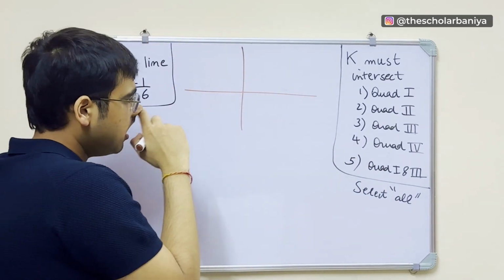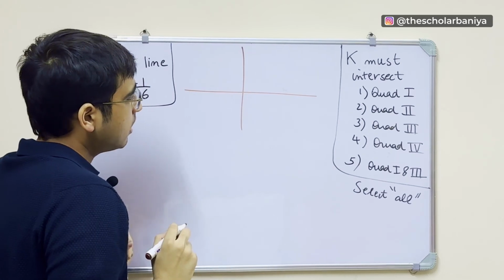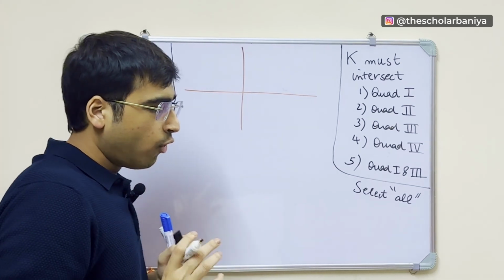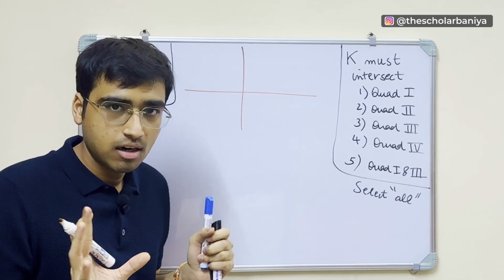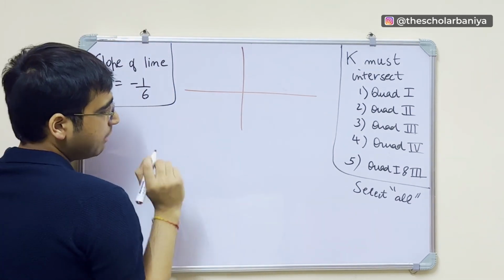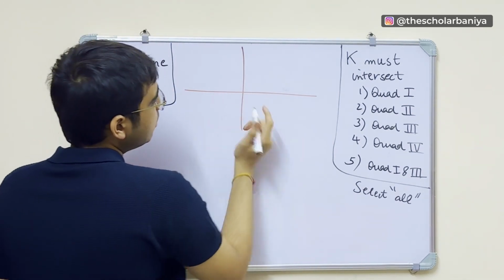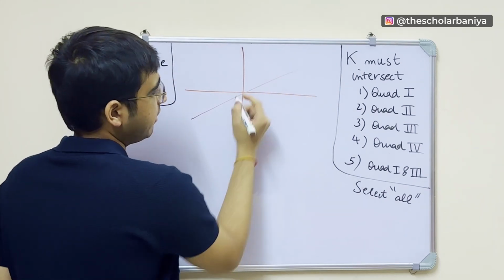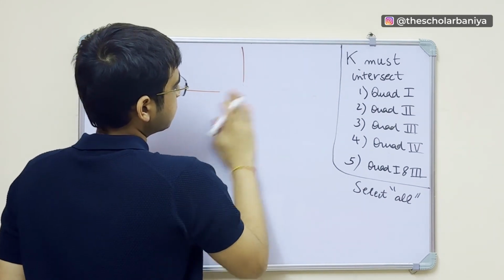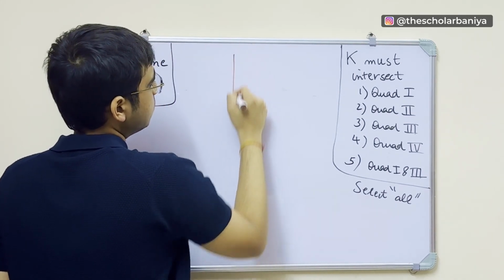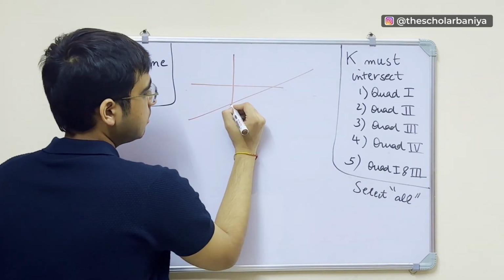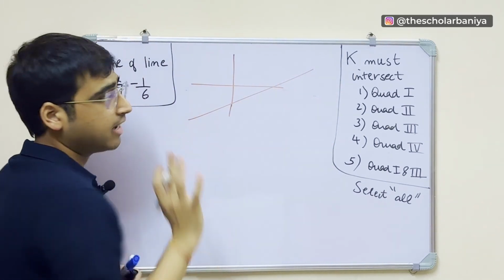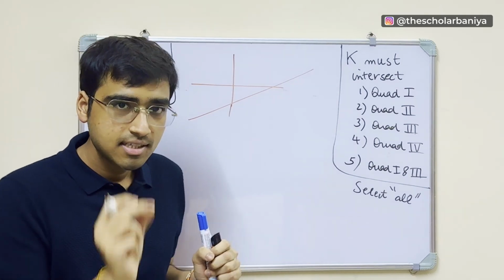Okay. Now tell me one thing, that what is the slope of a line? Slope of the line is tan theta. So basically, what I mean by that is, for example, if this is the xy axis and this is some line, right? So what we see is the angle.